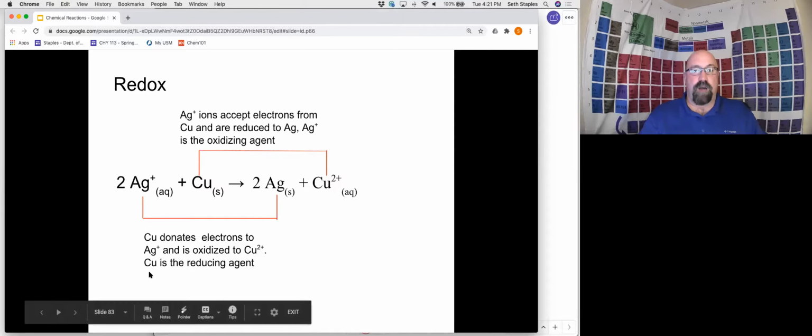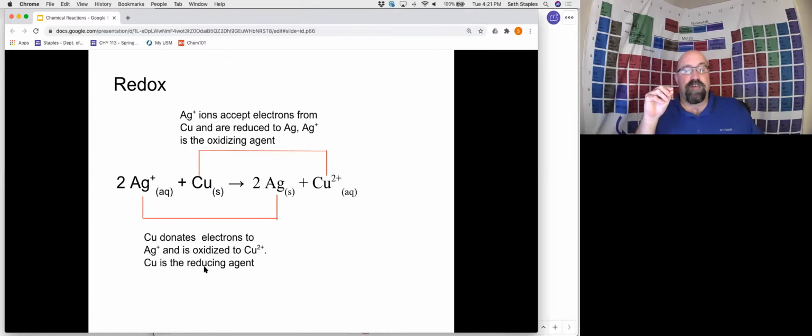And likewise, copper is making the other species become reduced. So copper is the reducing agent. And so the species in a reaction that is oxidized is also the reducing agent, and vice versa. The species being reduced is the oxidizing agent. So there's some other terminology that we have to keep in mind.